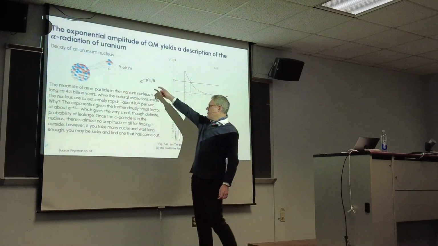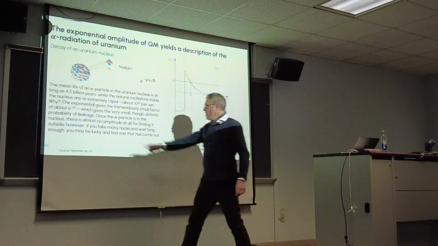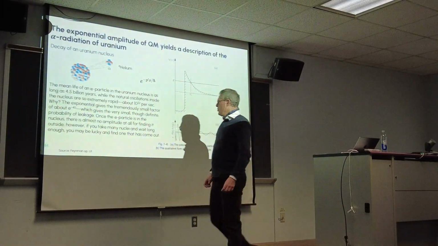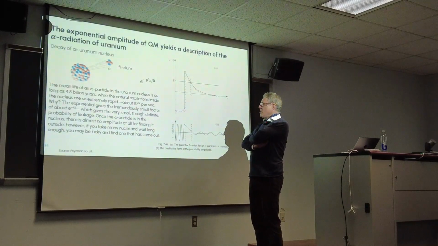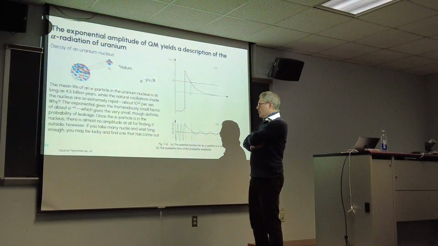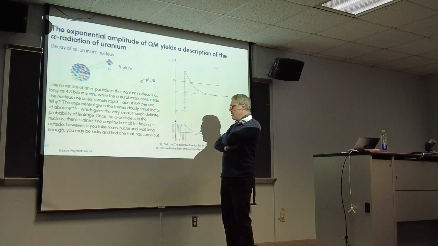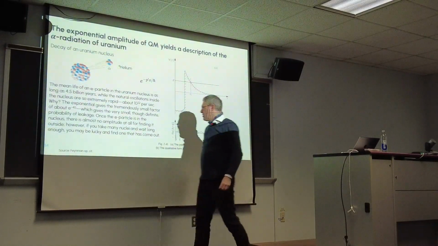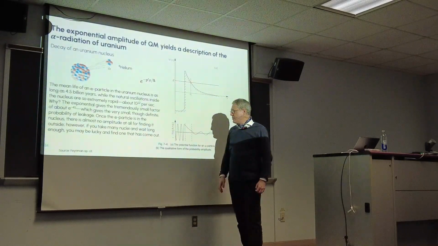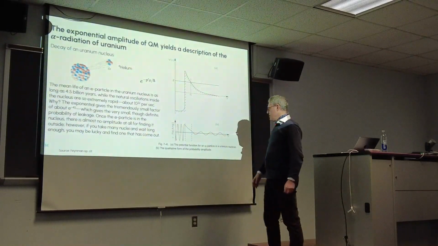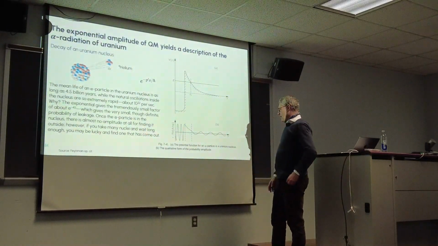Because the exponential gives the tremendously small factor of e to the minus 45, which gives a very small probability of leakage. So when the alpha particle is in the nucleus, there's almost no amplitude at all for finding it outside. However, when you take many nuclei and wait long enough, you may be lucky and find one that has come out.